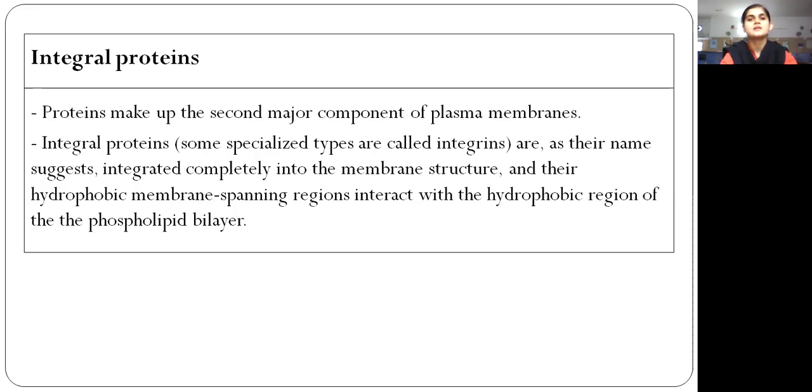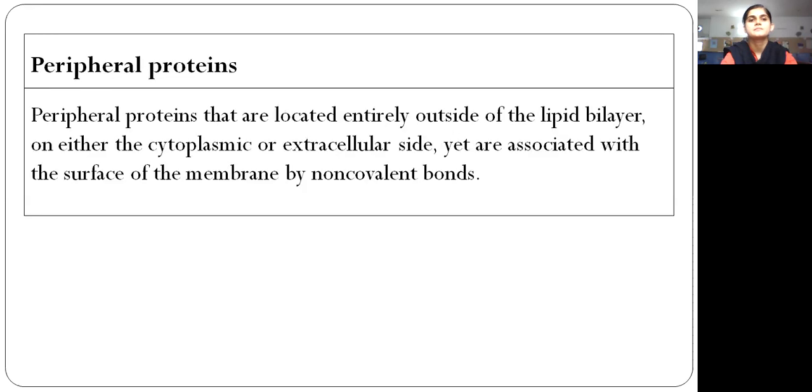Its name suggests that it is completely embedded in the membrane. It is also known as a transmembrane protein because it spans across the membrane. Its hydrophobic membrane-spanning region provides the functional part of the membrane, and it is always interacting with the lipid bilayer.